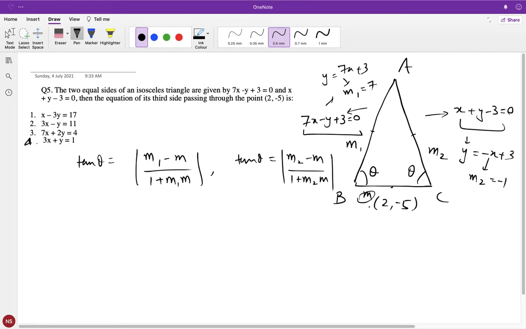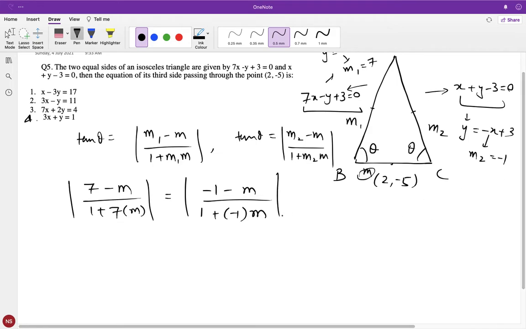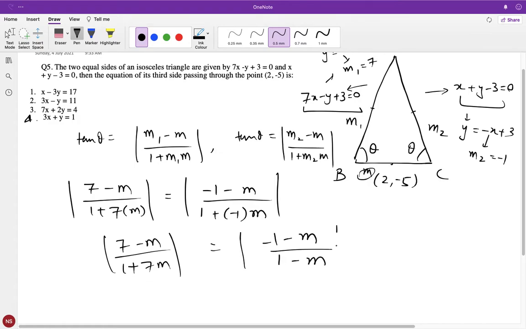For this equation, slope m is unknown, so |(7 minus m) by (1 plus 7m)| is equal to, m2 is given as minus 1, m is unknown, |(minus 1 minus m) by (1 minus m)|.